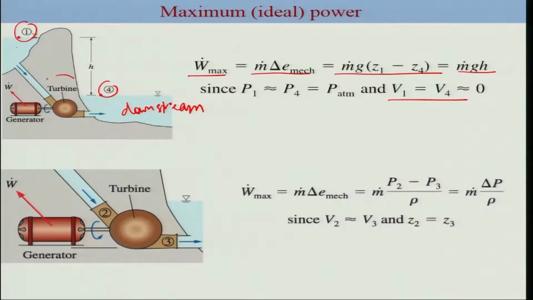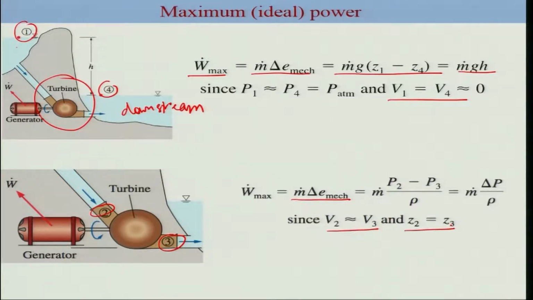Now you can also express this maximum ideal power in terms of the pressure drop across the device, that is the turbine, and this is the second case. Here you apply the same expression, but now you are considering these two points, 2 and 3. Here the velocity we are going to consider almost the same, that means the velocity is not changing much.